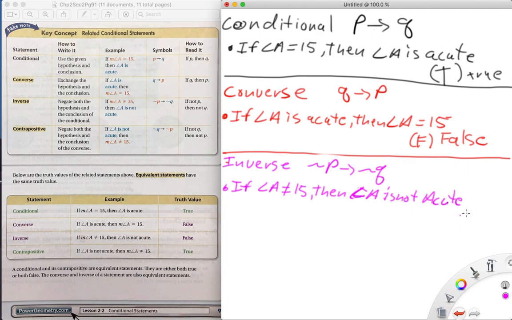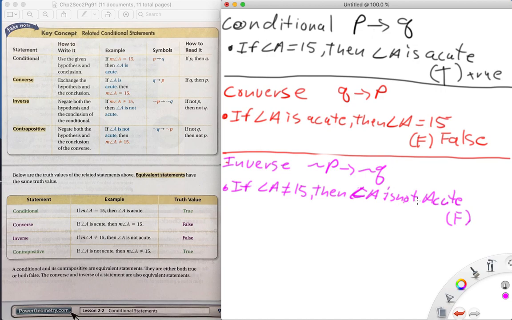This one is also false. Remember, I need to think of something that makes the hypothesis true but the conclusion false. For example, 10 is not 15, so the hypothesis is true.